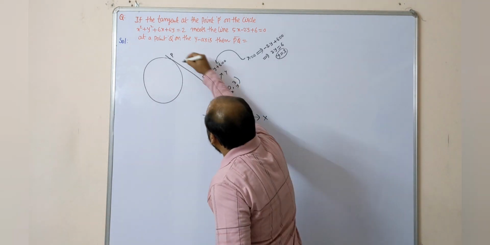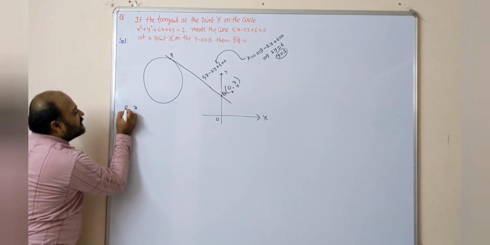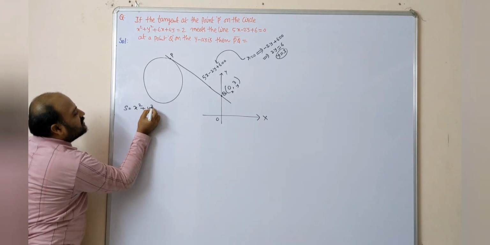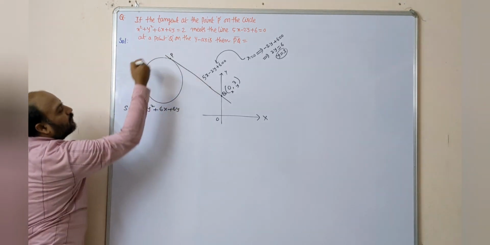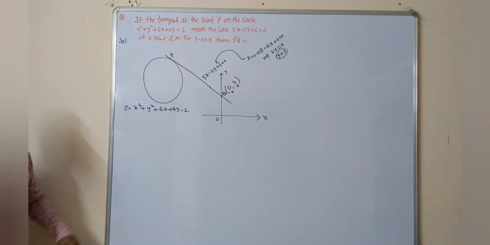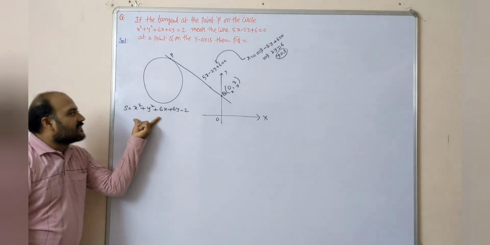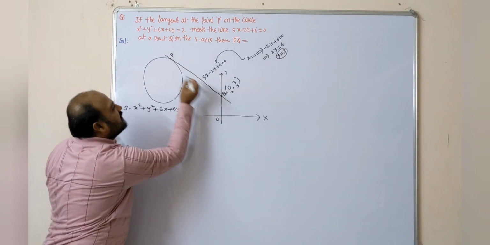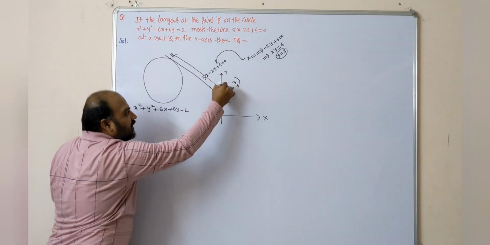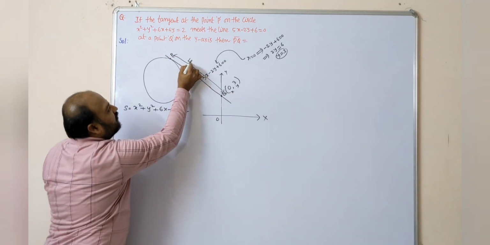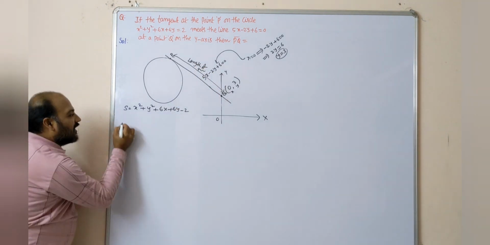From here to here, for this circle S equals x square plus y square plus 6x plus 6y minus 2. I did not write the options here, students. You can check that. For this circle, from this point to this point is called the length of tangent. What is the formula for length of tangent?